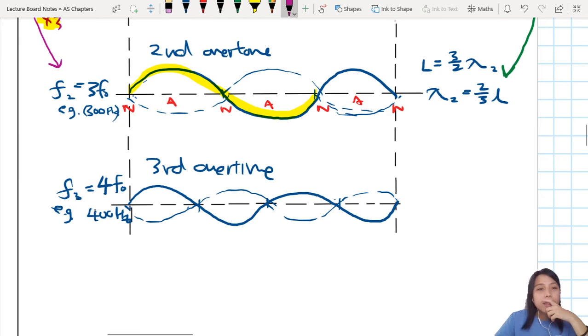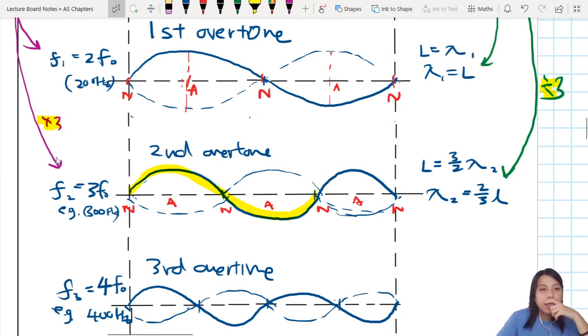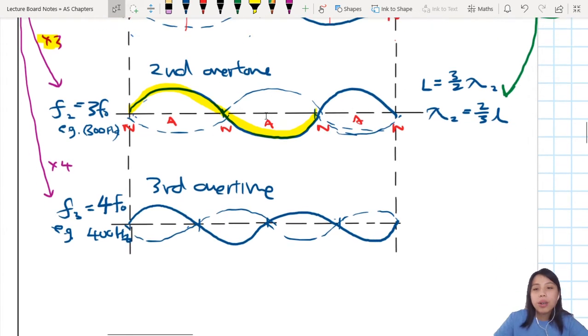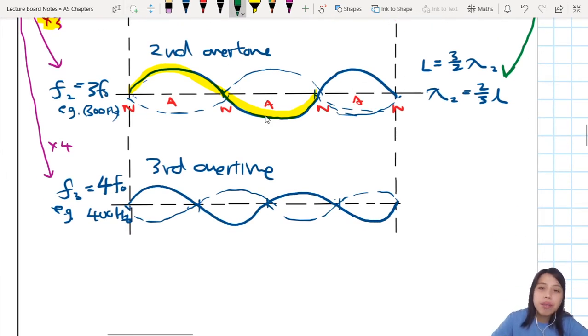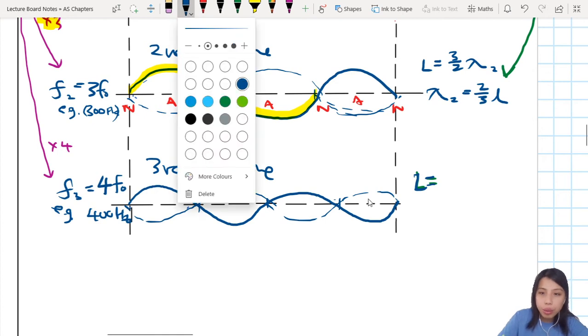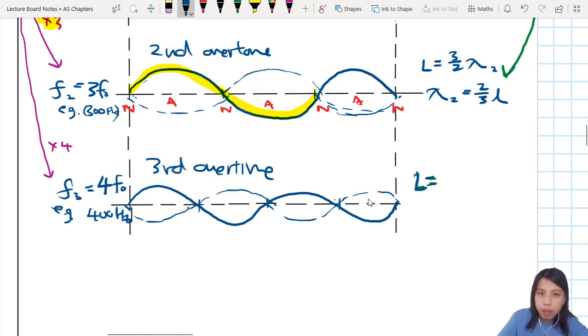Can I draw the purple arrow? Times 4. Wavelength, same thing. So now you have to think of the length of the string. How many wavelengths are there inside the length of the string? 1 wavelength here, 1 wavelength, 2 wavelengths. So we'll just say L equals 2 lambda.